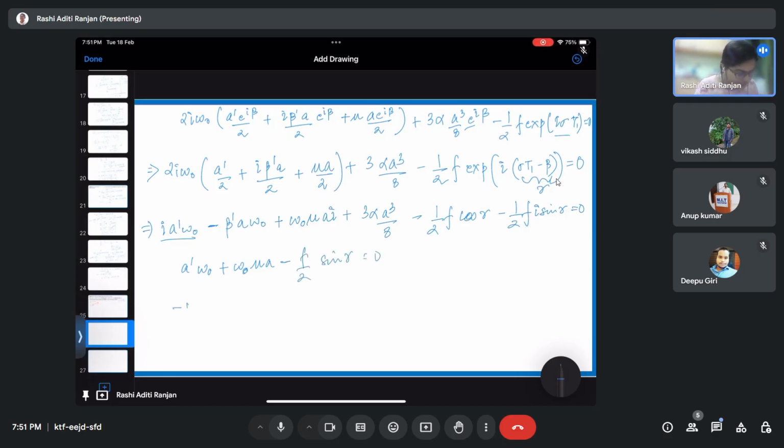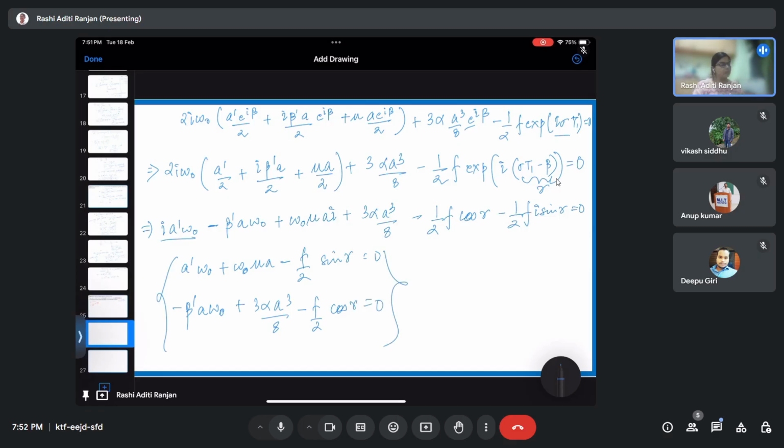And we have minus of beta dash a omega naught plus 3 alpha a cube by 8 minus f by 2 cos of gamma is equal to 0. These are the two equations that I got when I equated the real terms and the imaginary terms equal to 0.